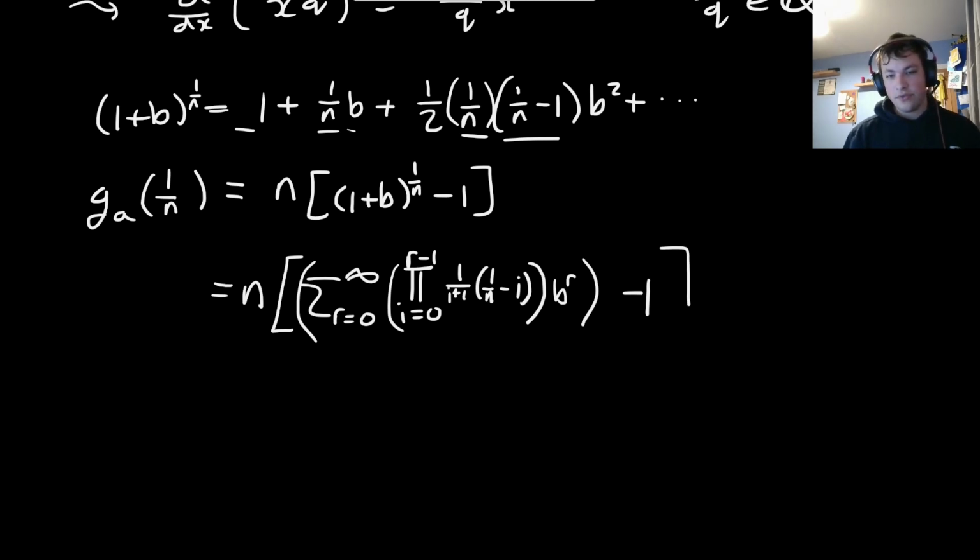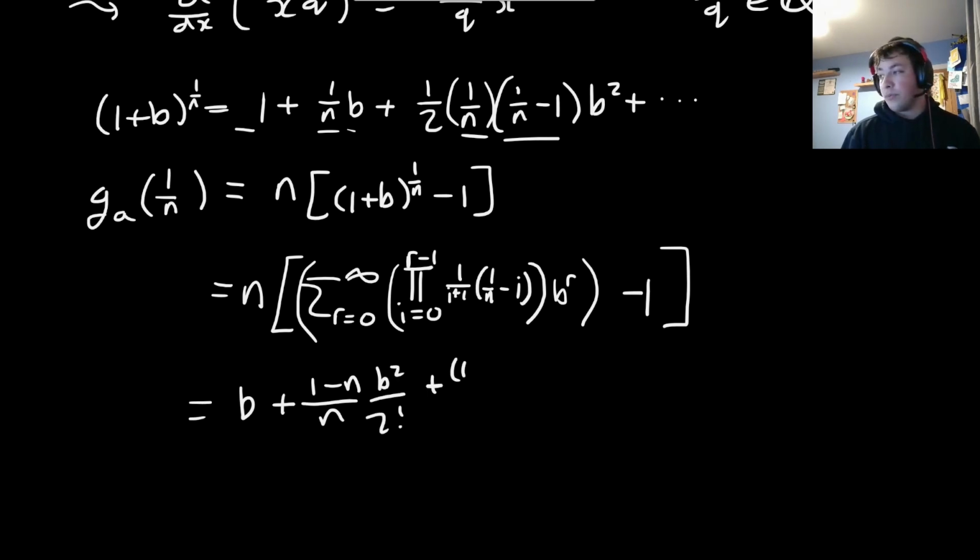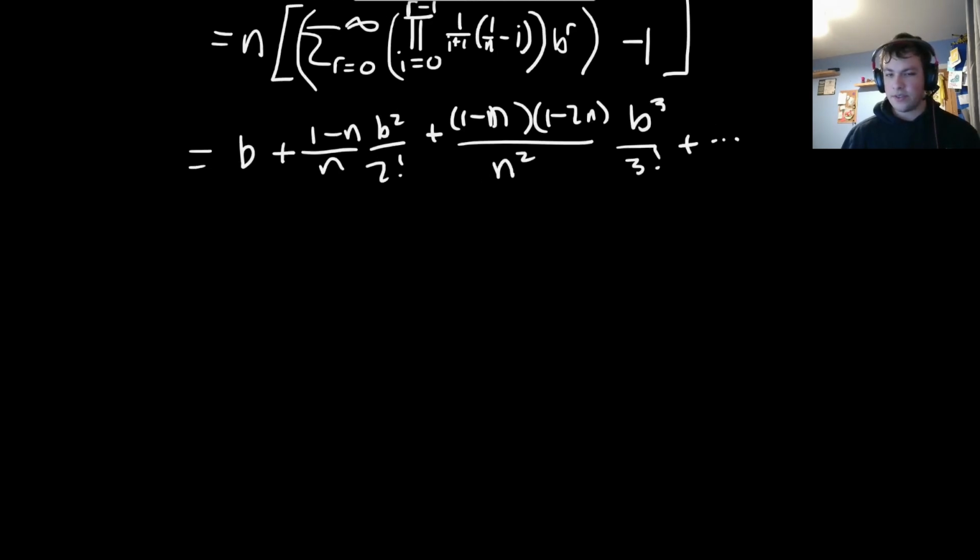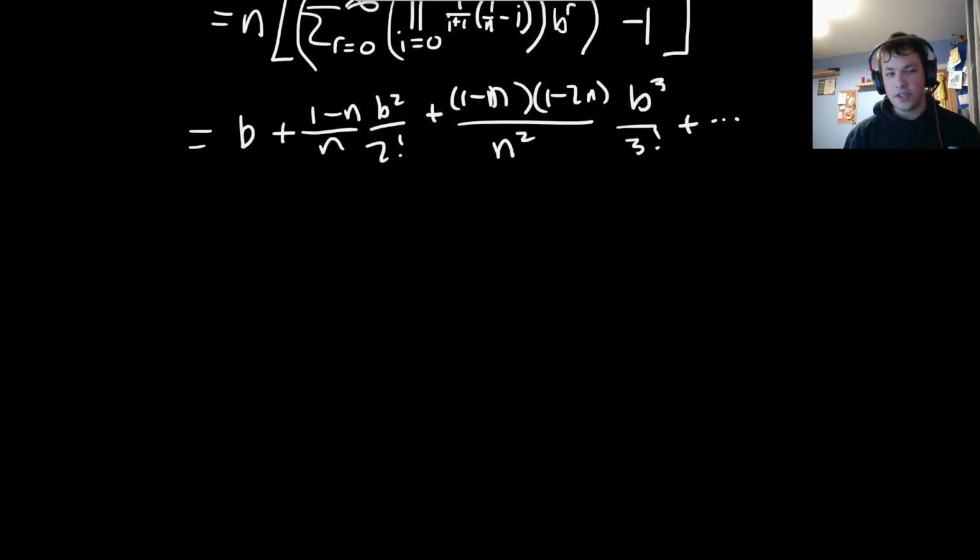And you can then expand this out, and you're going to get something like b plus 1 minus n over n b squared over 2 factorial plus 1 minus n, 1 minus 2n over n squared b cubed over 3 factorial plus a lot of other things, or in infinite form, this is going to be the sum from r equals 1 now.